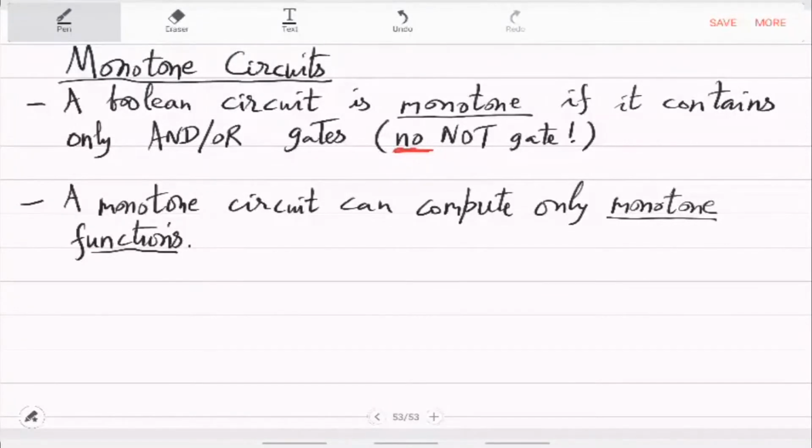What does increase mean? Increase means that if in the input you make any bit from 0 to 1, then in the output it cannot happen that 1 becomes 0. Okay, so 0 can become 1, but 1 cannot become 0. So monotone means that it is increasing in one direction or it is decreasing. So if you decrease the input, then the output cannot increase, and if you increase the input, then the output cannot decrease. Okay, so input and output have this relationship. This is because there is no NOT gate.